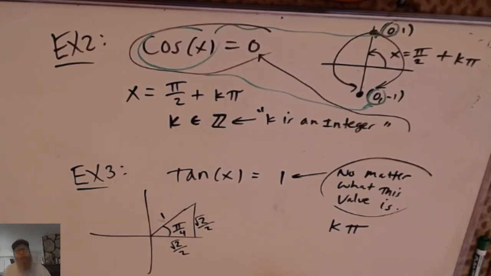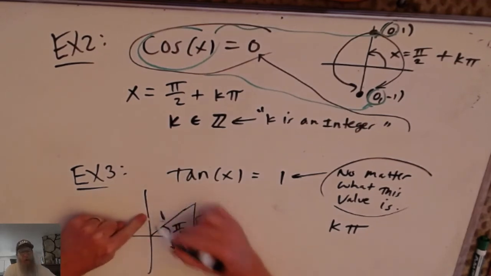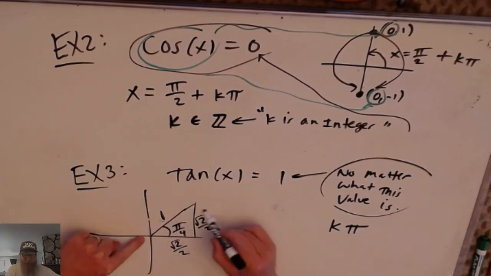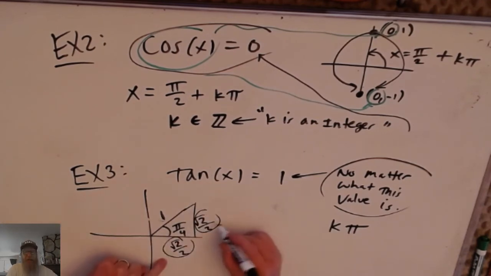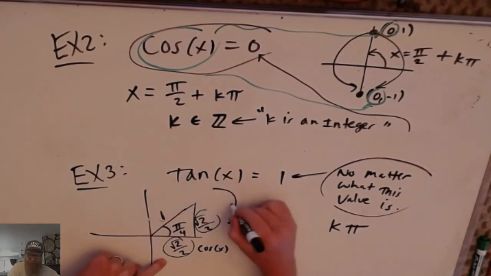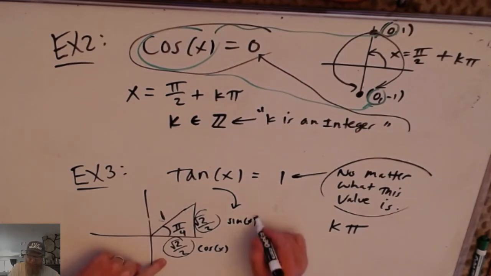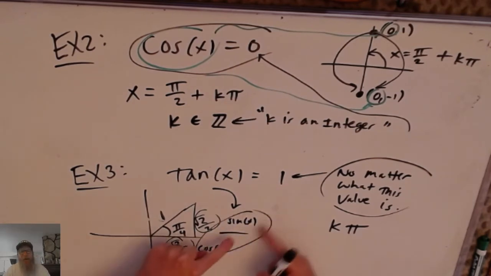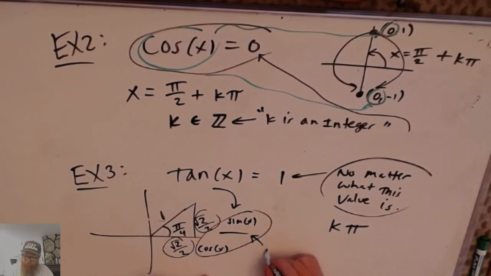So the hypotenuse is 1. The tangent is the ratio of the sine to the cosine. So tangent is sine x divided by cosine x. That's my quick way of saying the ratio.